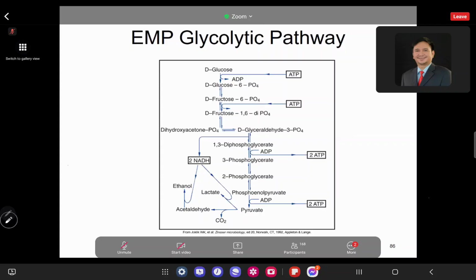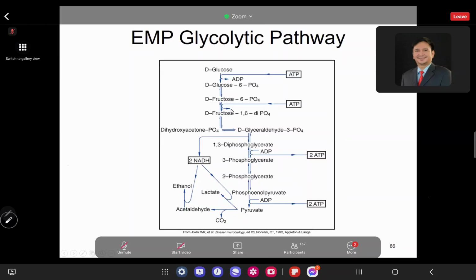So this is a complicated EMP glycolytic pathway with a detailed biochemical process. It would start with your glucose, which undergoes phosphorylation to form what? Your D-glucose 6-phosphate. It will progress to become your D-fructose 1,6-diphosphate.